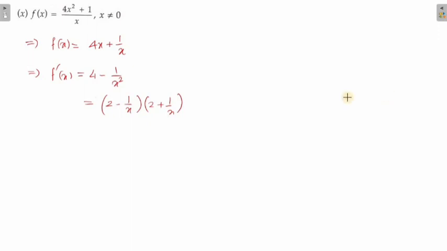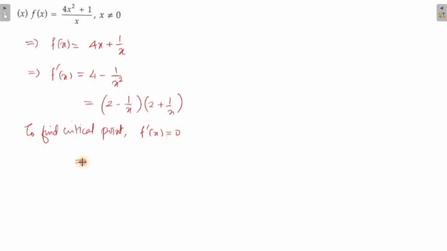Now again this is a quadratic, and in the case of a quadratic we'll find the critical points. To find the critical points, you must have f dash of x equals 0.